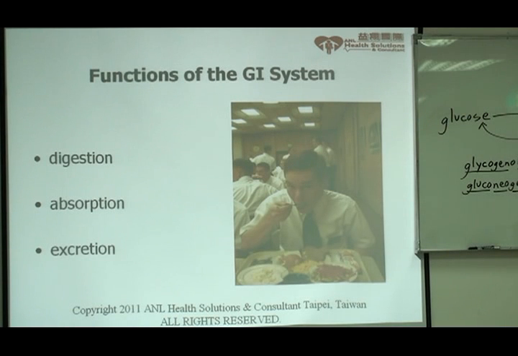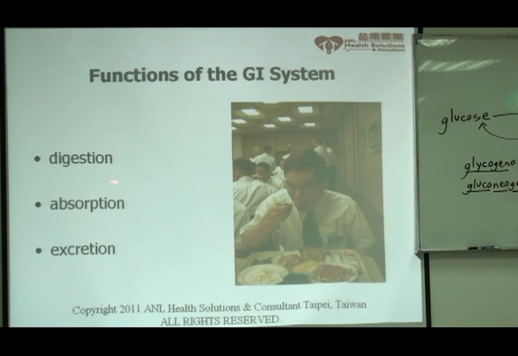So let's review the functions of your GI system. Number one, digestion. The GI system is the one that chemically and mechanically converts substances into nutrients. The food that we eat will be broken down into the smallest particles, the nutrients, like your carbohydrates, fats, and proteins.